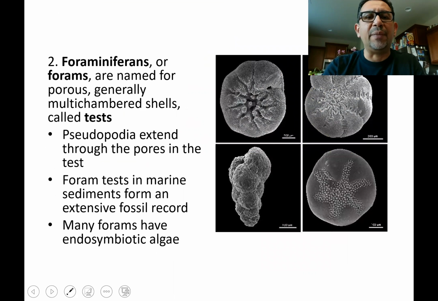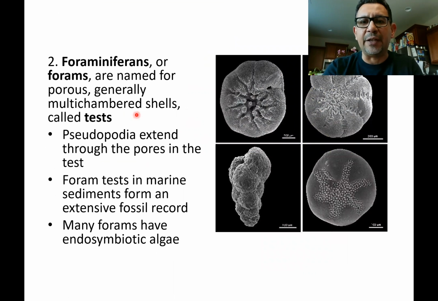Now we can see the foraminiferans. These are the ones where the tests are made of calcium carbonate. And they also make beautiful patterns and shapes. And whenever you see the tiny pores, remember that those pores are the openings for the pseudopodia to move out and extend. Some of these foraminiferans hold within them endosymbiotic algae that can help them obtain sugar by the process of photosynthesis.